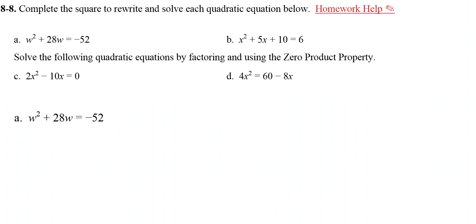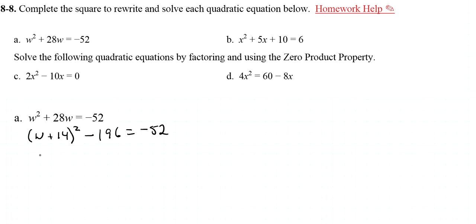8-8, complete the square to rewrite and solve each quadratic equation below. So the first thing we want to do is complete the square. So this is going to be W plus 28 divided by 2, which is 14, squared. And then we're going to add 14 squared, and then we're going to subtract 196 equals negative 52.